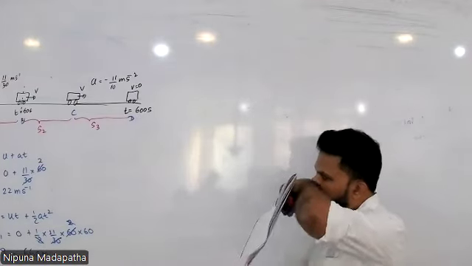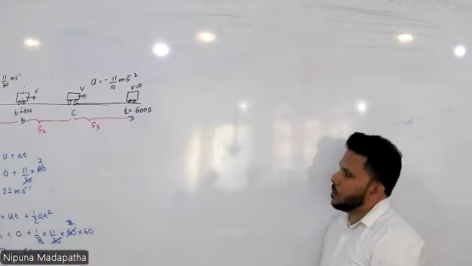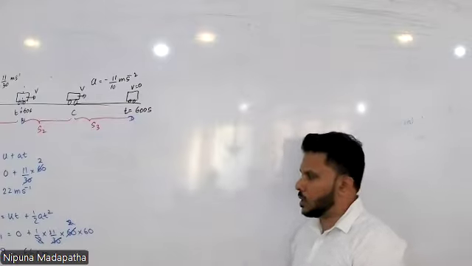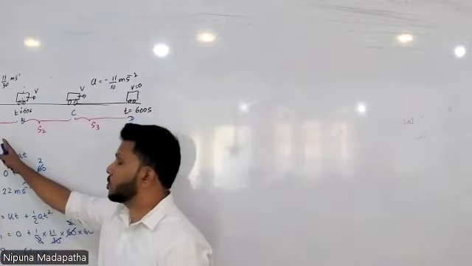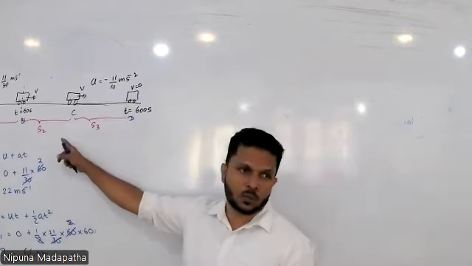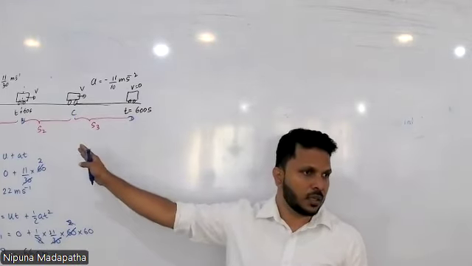Then thereafter, how do you find the other displacements? Now you have found the S1 value. So how do you find the S2 and S3 values? Can you find the S2 value directly here?